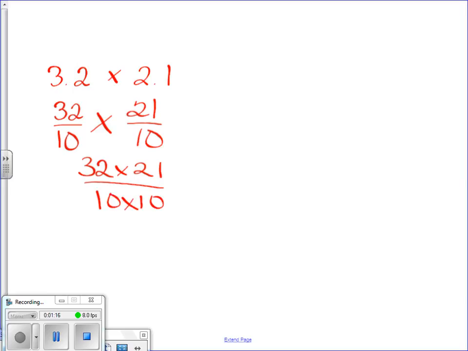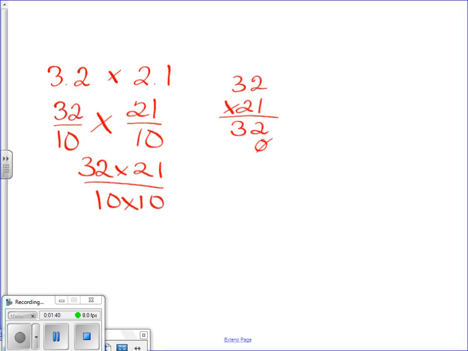32 times 21. I'm not about to do that in my head. 32 times 21. 1 times 2. 1 times 3. Add a row, add a 0, because I'm not multiplying it by 2, I'm multiplying it by 20.